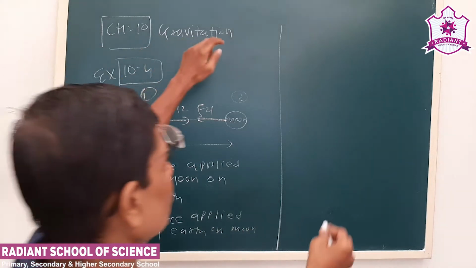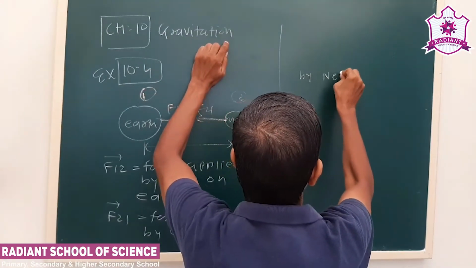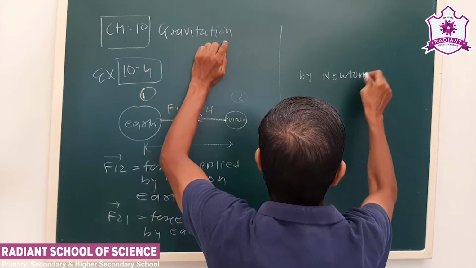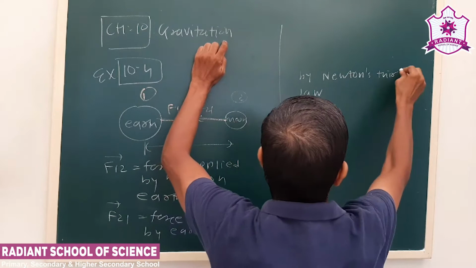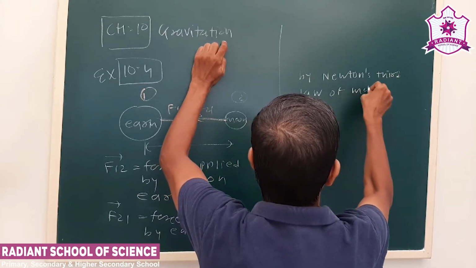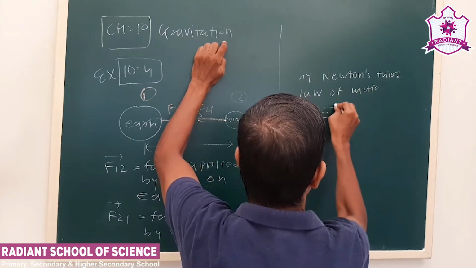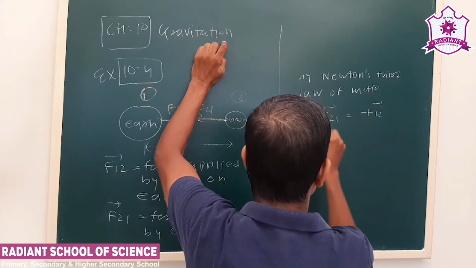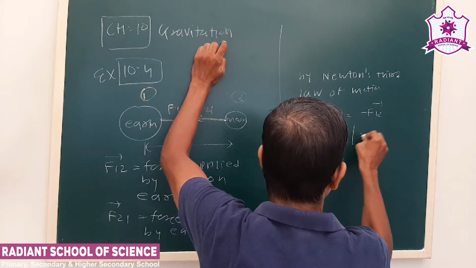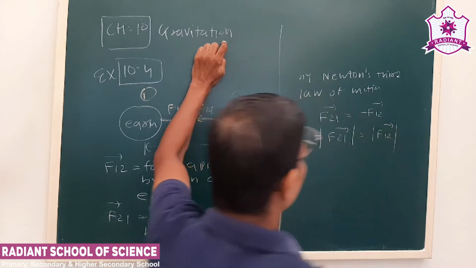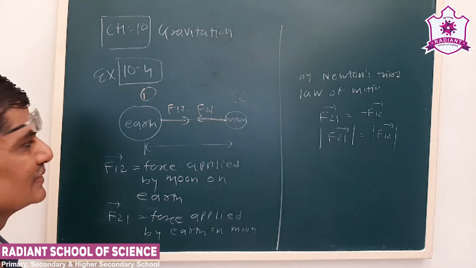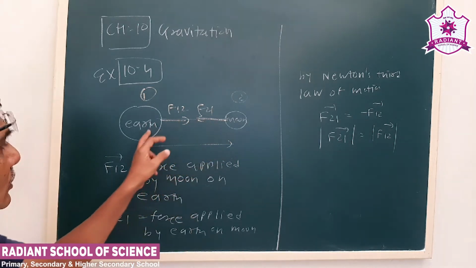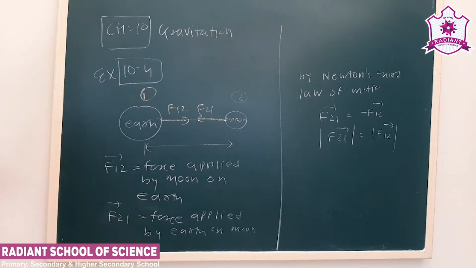But by Newton's third law of motion, the magnitude will be equal. Whatever amount of force is applied by earth on the moon, the same force will be applied by moon on the earth. So that is the answer of our question. That is exercise sum number 10.4.